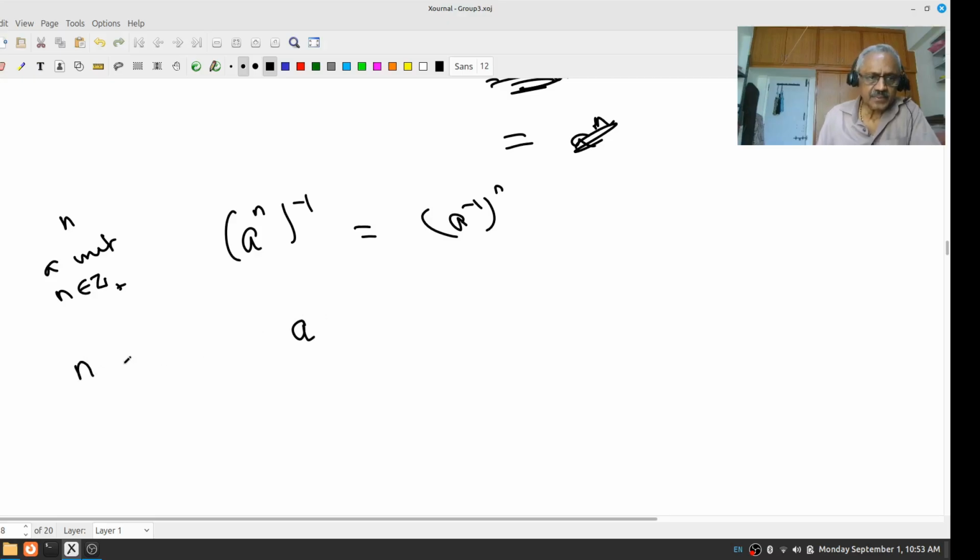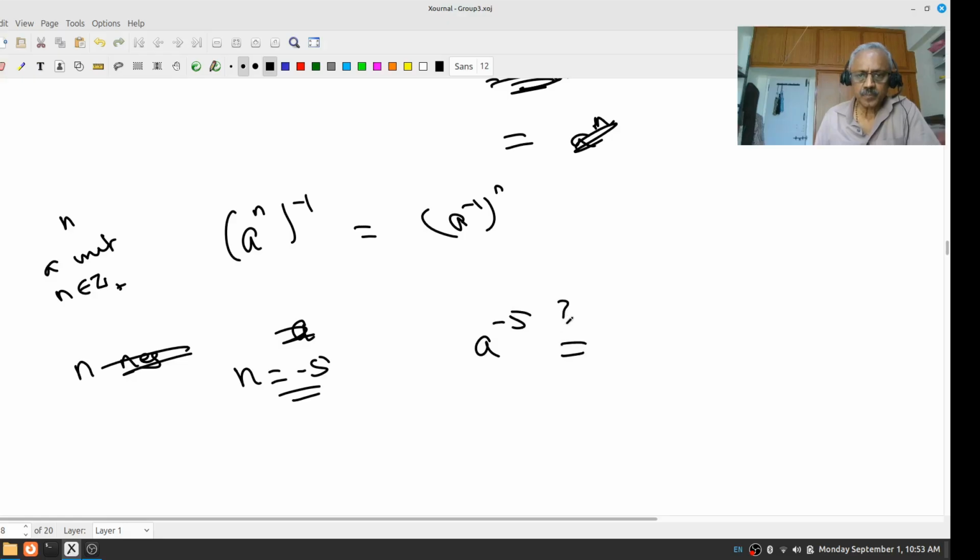So I want to define a to the power n when n is negative. Maybe I will start with a number so that there won't be any problem. Let us say a to the power minus 5. When n equals minus 1, I already defined it as a inverse. Therefore, what will I do? I will define this to be a to the power minus 1 and take it to the power 5. Does this make sense?